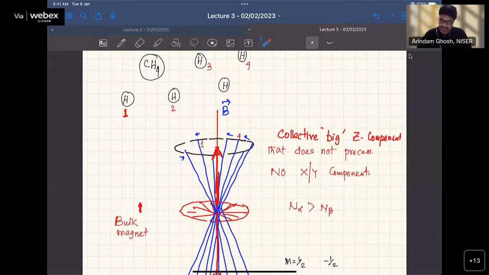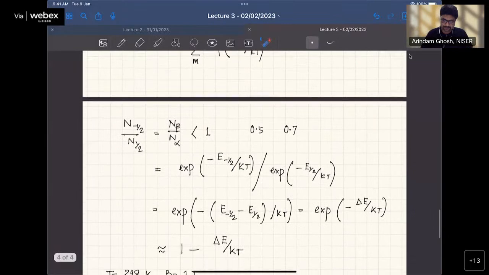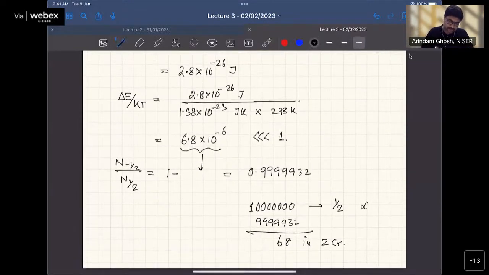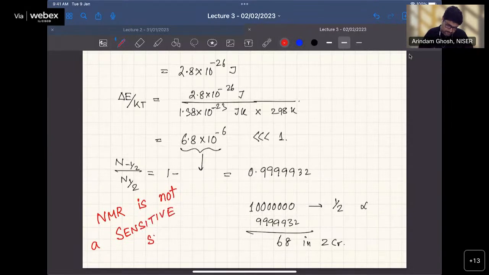Why? That's because of this reason. Theoretically, I have just proved why NMR is insensitive. So the bottom line is that NMR is not a sensitive spectroscopy.